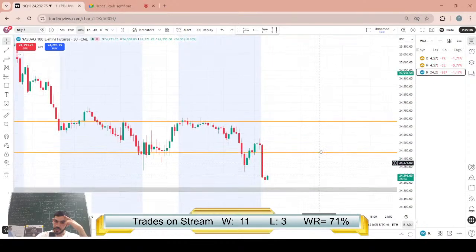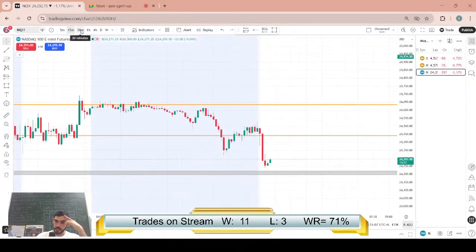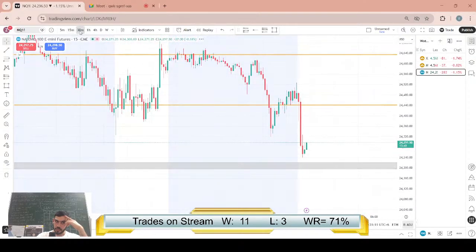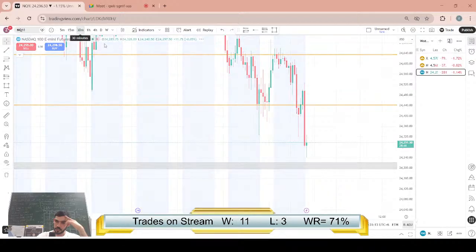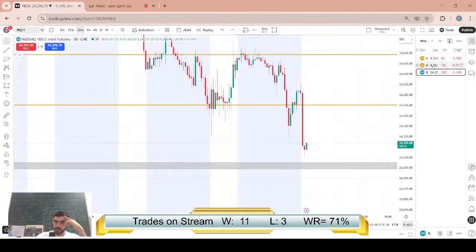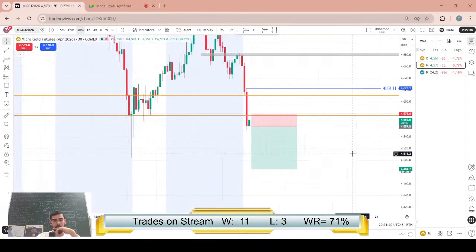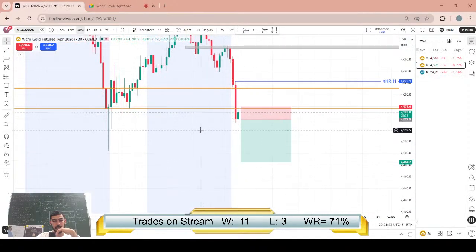Let's check Nasdaq. It closed weak on the 30 minutes. Bullish on the 15, but also weak. Oh bro, this price action, I don't like that at all.